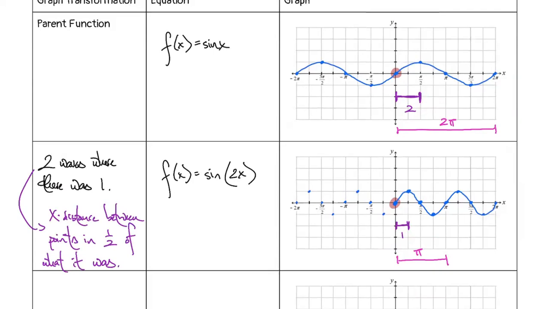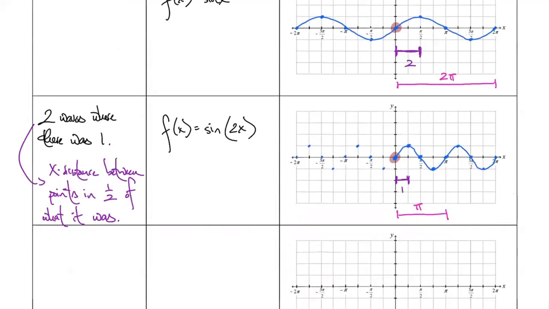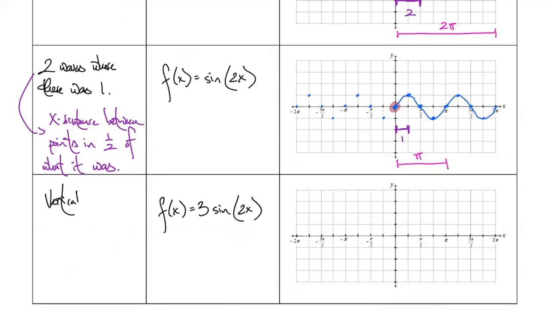All right, the last transformation we have is that a value, or the 3 in the front. And so we're going to have f of x equals 3 sine of 2x. Now we have our whole equation, but we get a vertical stretch of 3. Now, what does that mean?